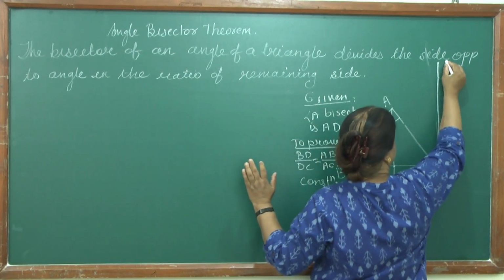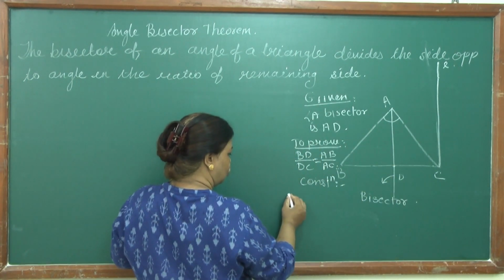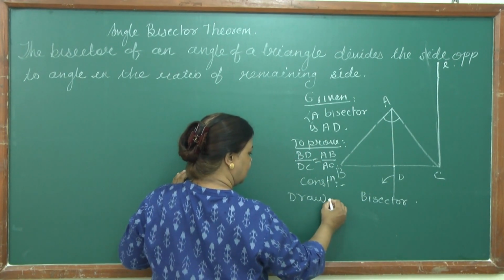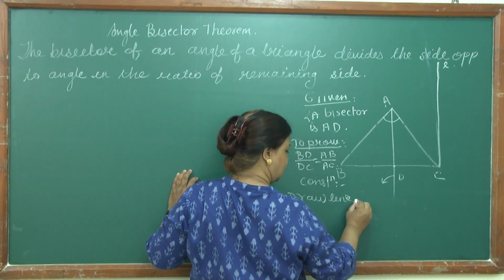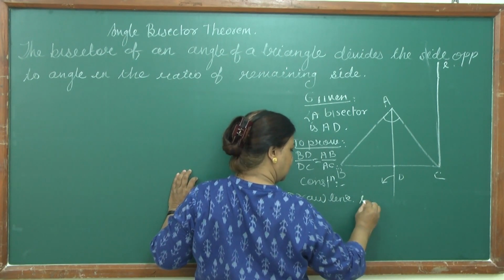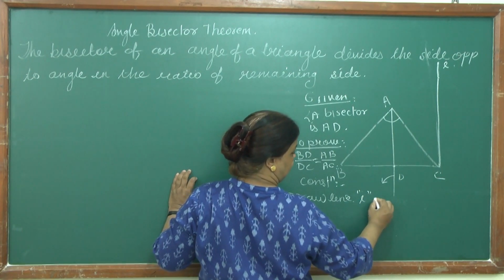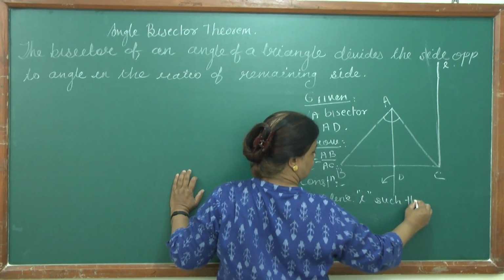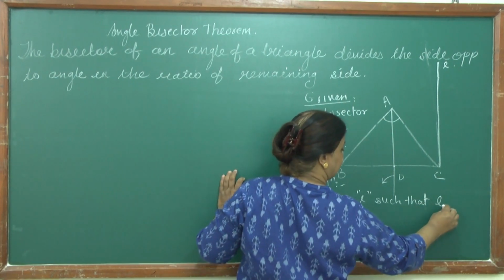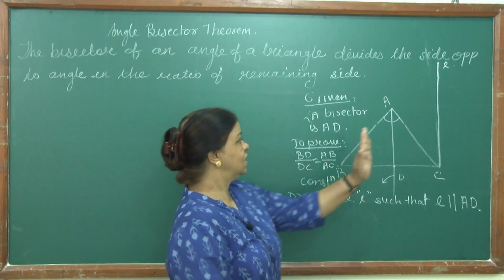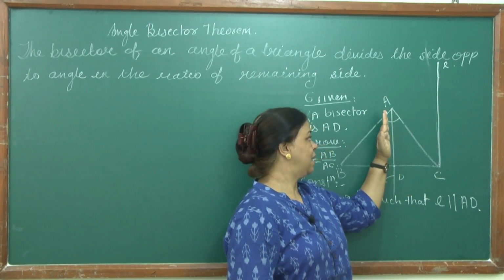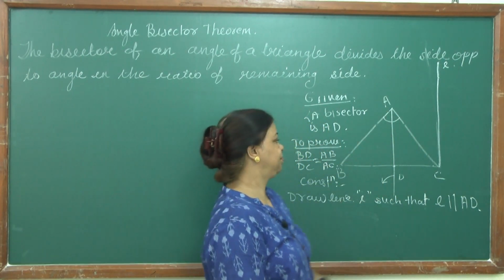Let me name it as L. Draw line L such that line L is parallel to AD. Okay, means line L is parallel to line AD.